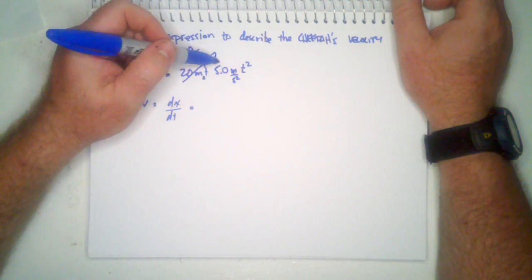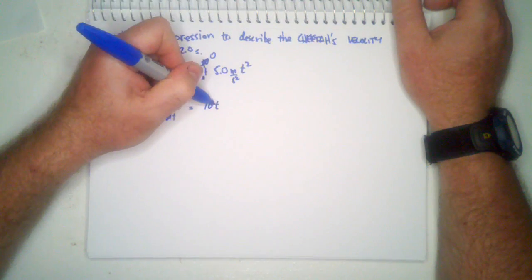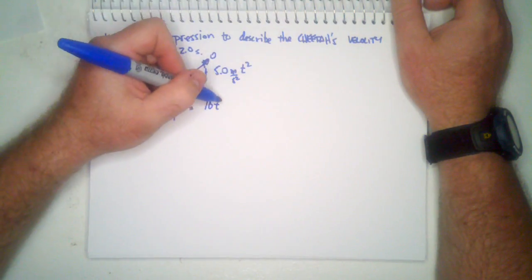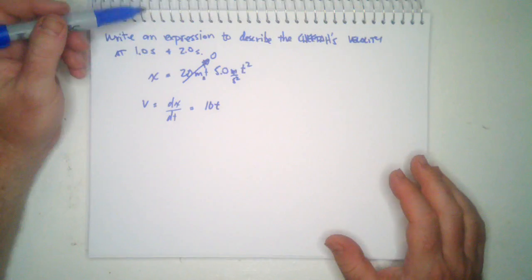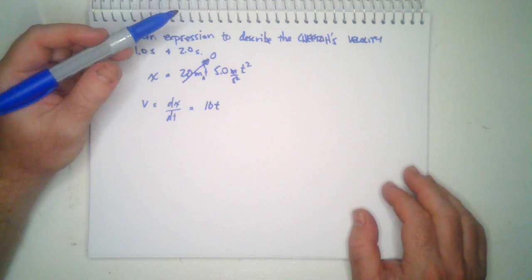Here, 2 times 5 is 10. Keep the t in there, and we subtract 1 from the exponent to keep it 1. So therefore, velocity equals 10t. The units don't change at all.